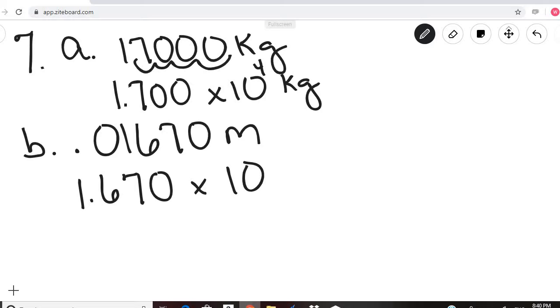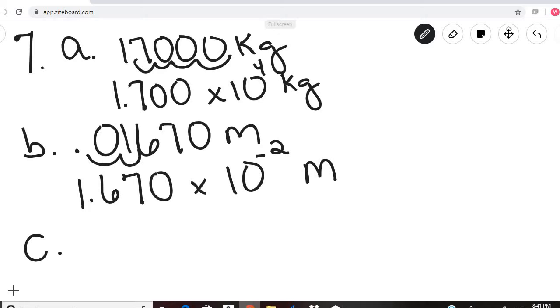So how many places do we move the decimal place to the right to get our 3 significant figures? So we're going to move it 1, 2. So this will be times 10 to the negative 2 meters.